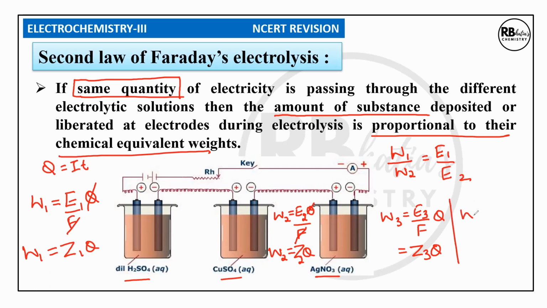Similarly, W2 upon W3 is equal to E2 upon E3. So how can I conclude this law? The amount of a substance deposited is directly proportional to its equivalent weight. This is what the second law says. So basically this law has been derived using the first law.